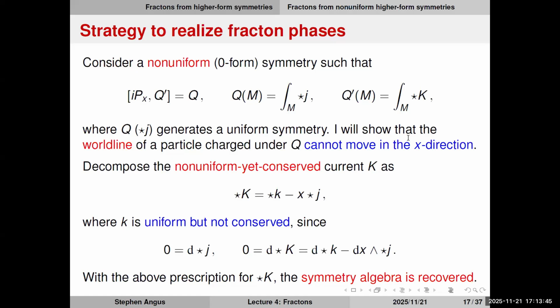And we do this such that little k is uniform but not conserved. Because we know that J is conserved like this, and capital K was conserved, so we have this, but then this means that little k is not conserved because this minus this is 0, so this is non-zero.